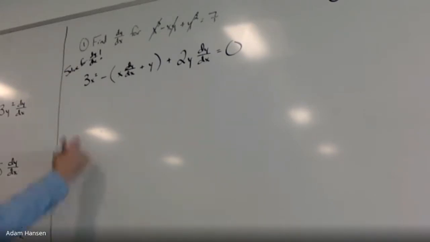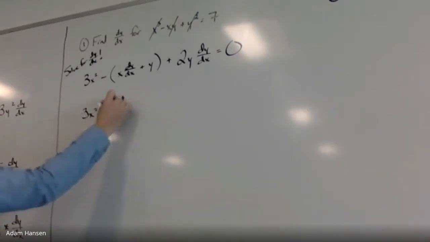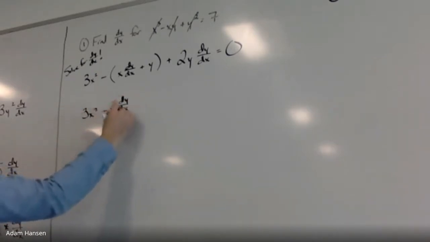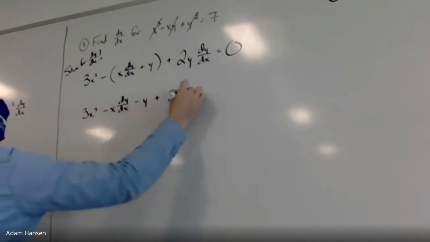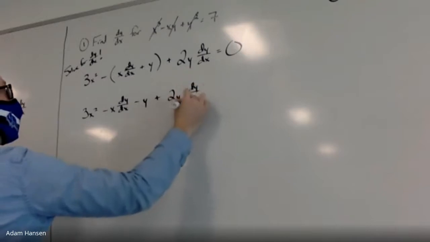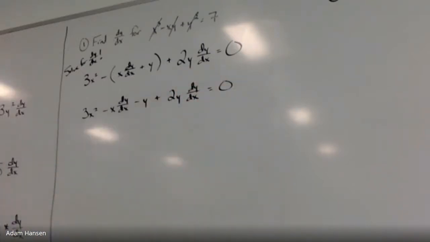So we need to solve this equation I just put together for dy dx. So let's see what we've got here. 3x squared minus x dy dx minus y plus 2y dy dx equals 0 when I just distribute through the negative.